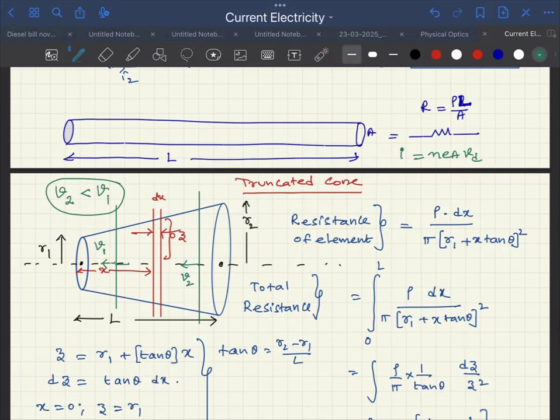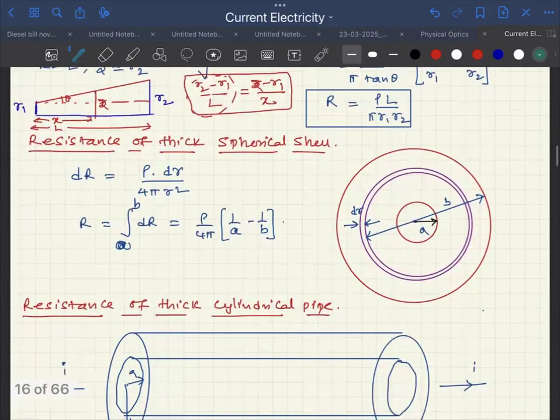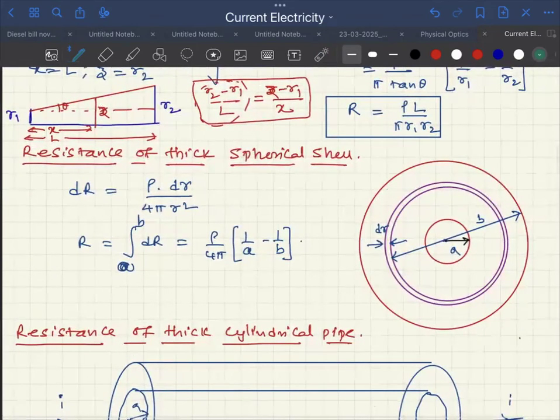Okay. Clear? Next, resistance of a thick spherical shell. Not sphere. Thick spherical shell. Inside radius is a, outside radius is b. So current flows from the inner surface towards the outer surface.